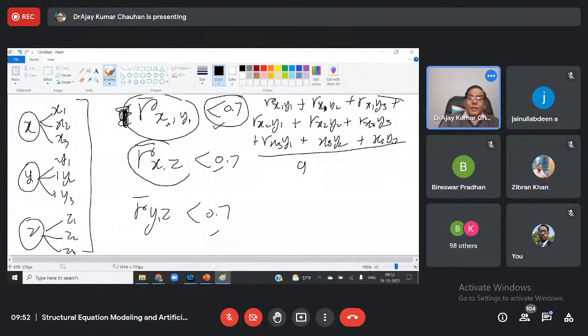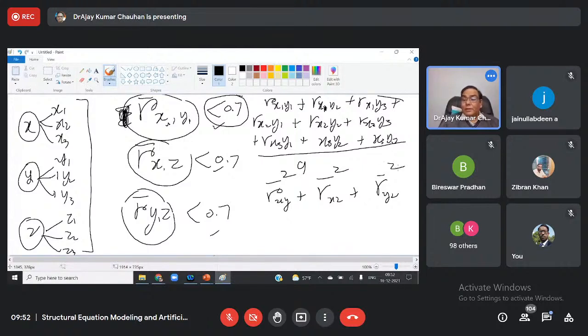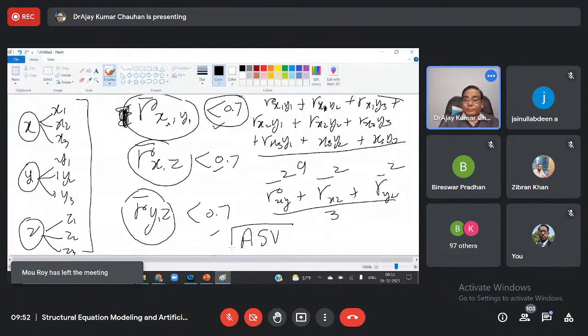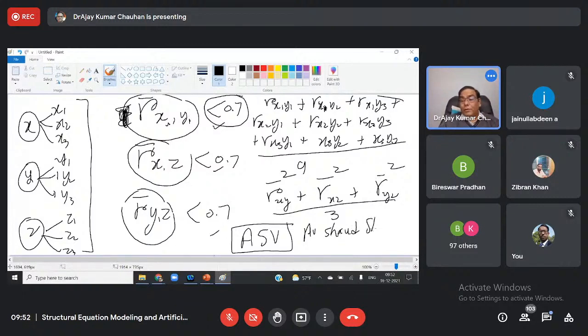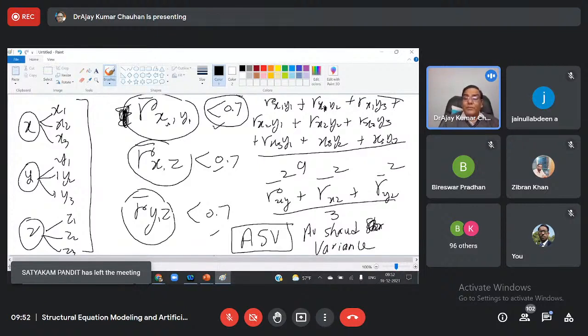If we square all these values and divide by three, that is, rxy plus rxz plus ryz, squared and averaged, this is called the average shared variance, ASV. In early days we calculated this average shared variance, but now we are not calculating it.